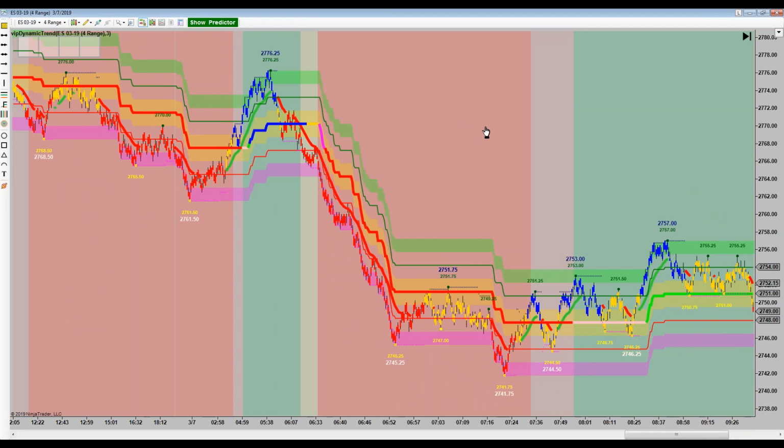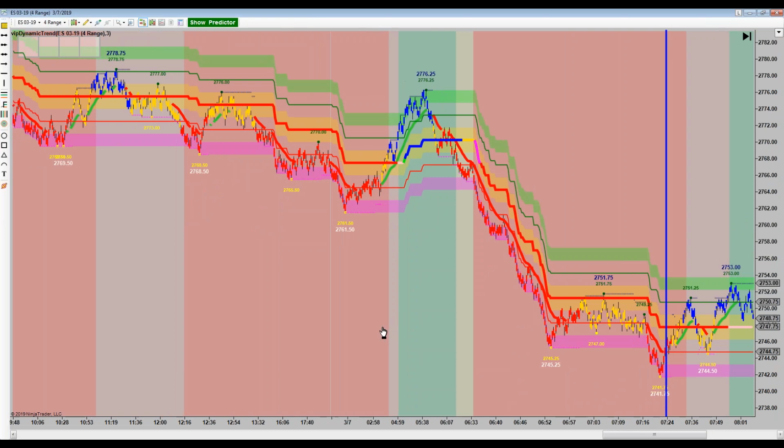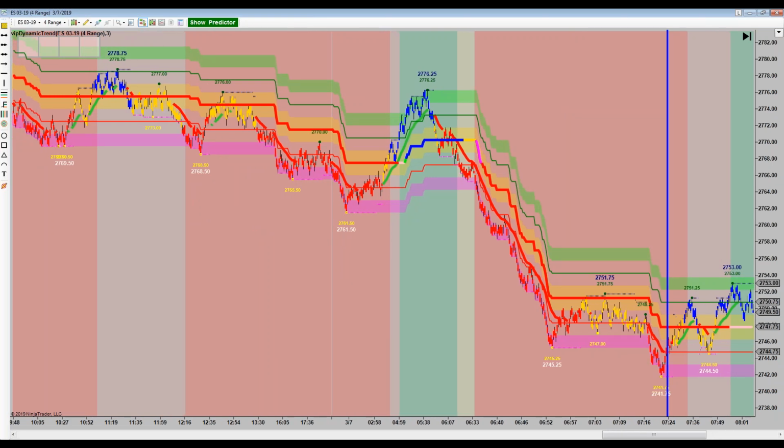Let me do it this way. Okay, I'm going to put a line on this chart, a vertical line, right about here. Now, to the left of this line, is ES trending, T, or range-bound, R?